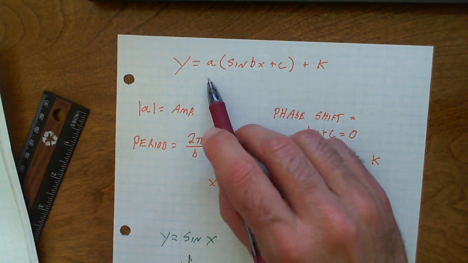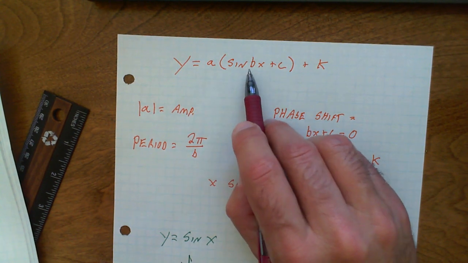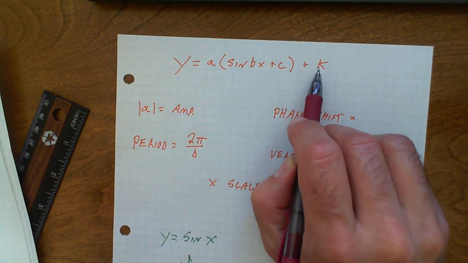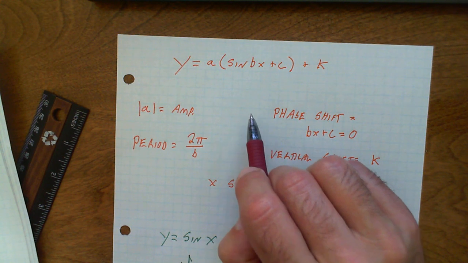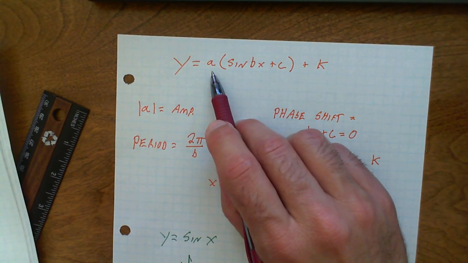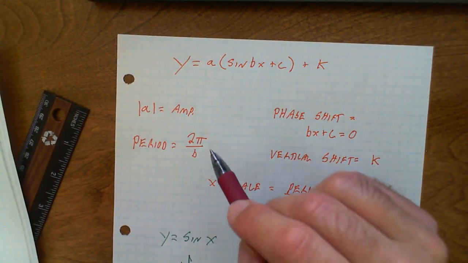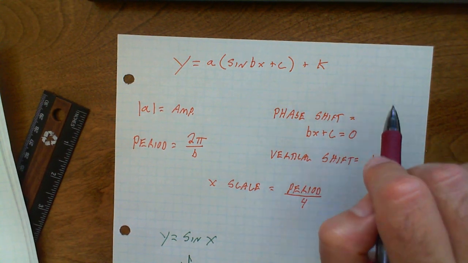There are different letters that people use, but right now I'm going to use A, B, C, and K. Now A is going to tell us the amplitude. That's the stretch, what we're used to seeing as the stretch, like how far up and down our function is going to go.